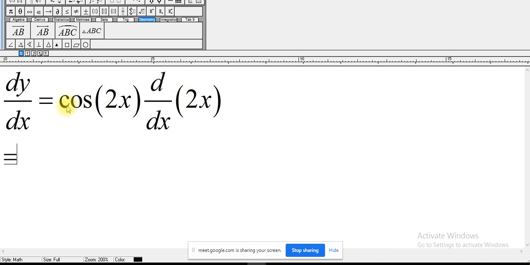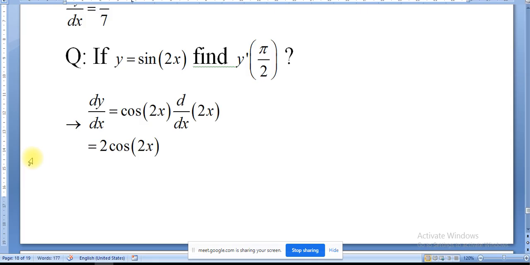After finding the derivative of sine of 2x as cos of 2x, multiply the term with the derivative of 2x, which is 2, times cos of 2x is what my dy by dx is.